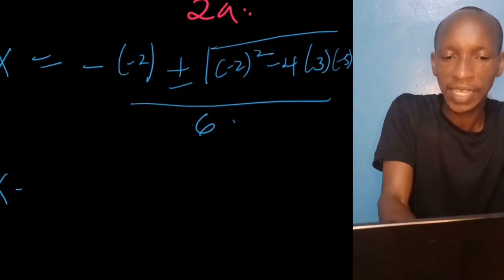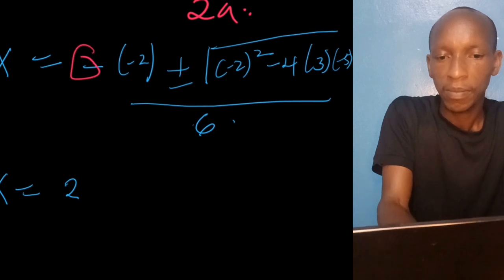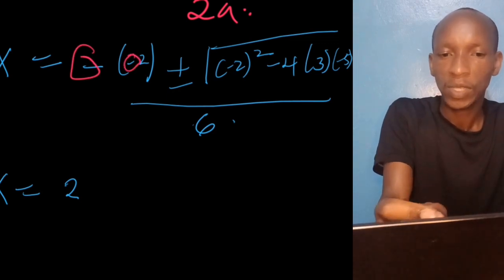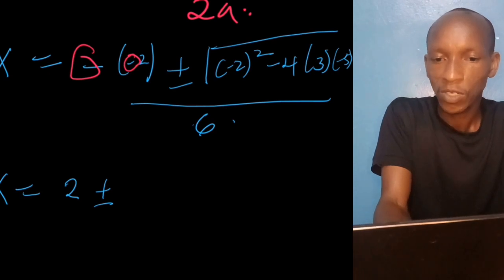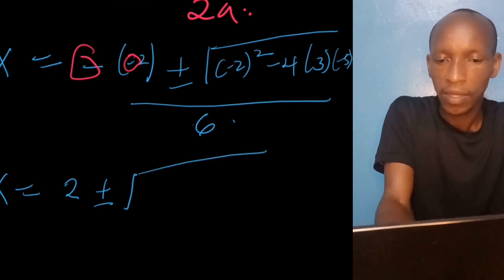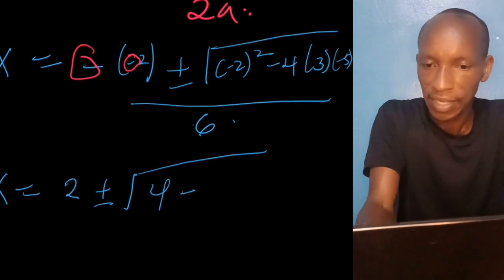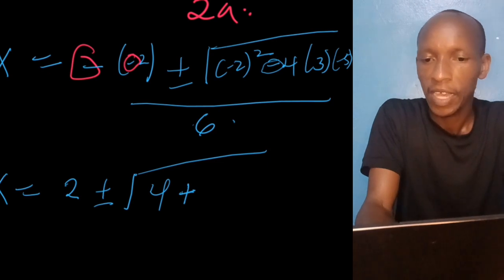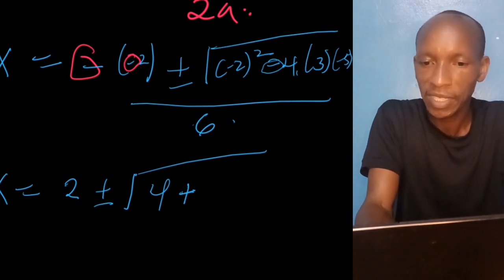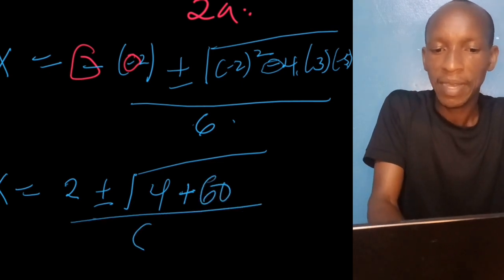So we shall now have that x is going to be positive 2 now, because negative by negative gives you positive. So it becomes positive 2 plus or minus the square root of negative 2 squared, which is positive 4, and then minus negative 4 times negative 5 will give you a positive number, so it is going to be 4 times 5, which is 20, times 3 to give you 60, and then divide that by 6.